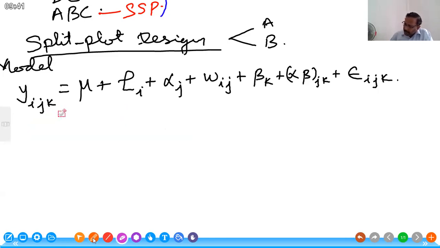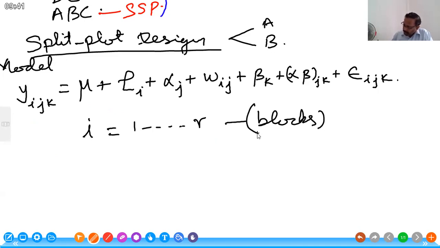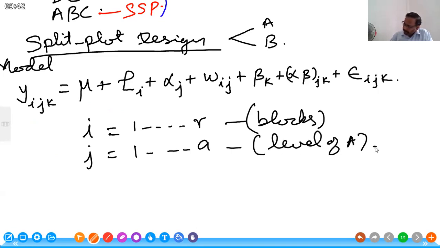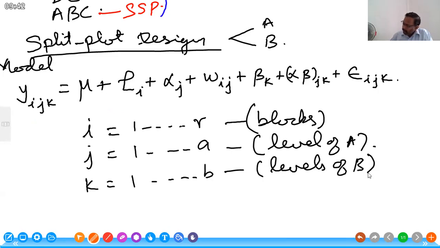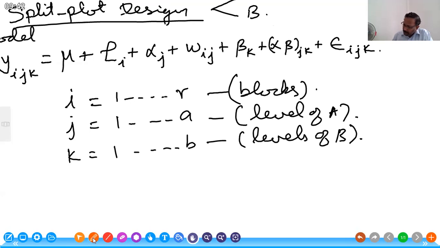We will define what is i. i is from 1 up to R. It is the number of blocks. j is starting from 1 up to A. It is the levels of A. k is 1 up to B. The levels of B. Right? Now you can define what is yijk.